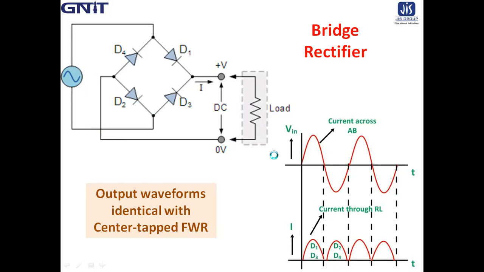So the first question arises: why do we use a bridge rectifier? In the case of a center tap full wave rectifier, a center tap power transformer is required, which is very difficult to fabricate and costly.